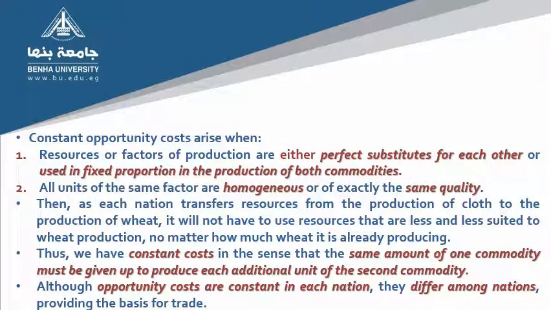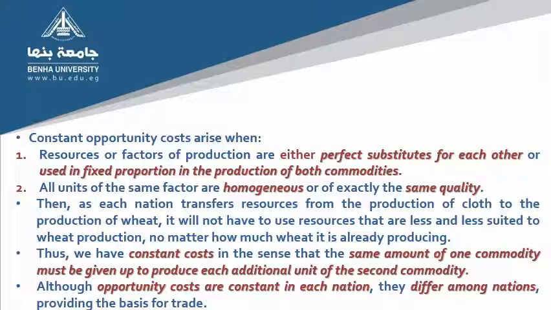Constant opportunity costs arise when resources or factors of production are either perfect substitutes for each other or used in fixed proportion in the production of both commodities. All units of the same factor are homogeneous or of exactly the same quality.